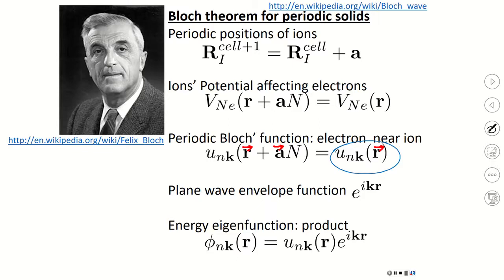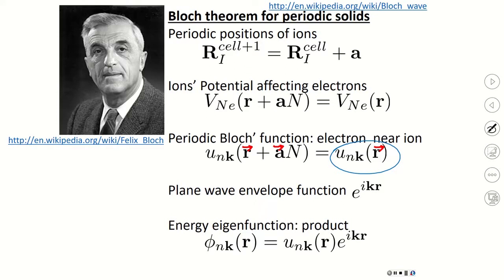So the part that is not changed is referred to as the atomic portion of the wave function. And in addition to this, there is a plane wave that corresponds to accumulation of the phase.